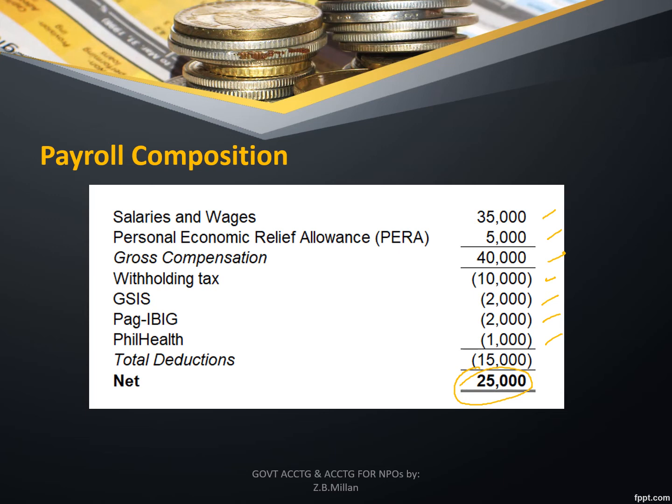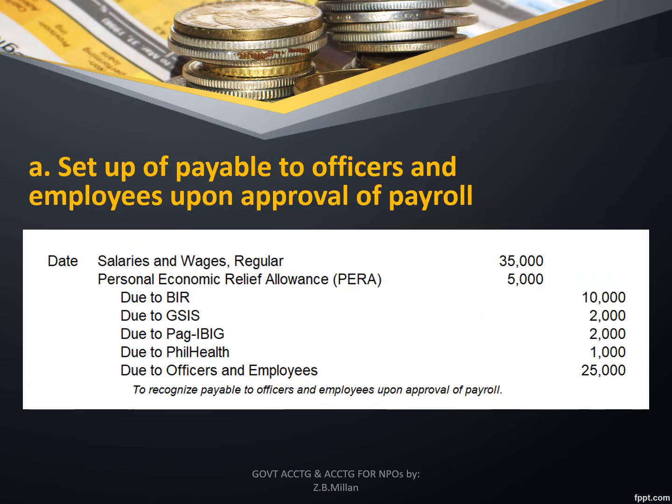So how do we record yung ating disbursement ng 25,000 in payment of the services rendered ng ating mga employees? Assuming na yung ating setup is papadaan natin siya doon sa ating disbursing officer. Usually sa government agencies meron tayong mga disbursing officers wherein sila yung mga authorized personnel na pwede lang mag-disburse ng pera ng government.